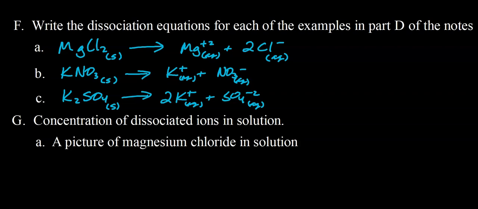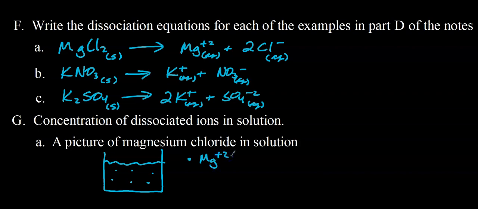All right, letter G, let's do this. Let's go ahead and draw a picture of that magnesium chloride solution. So we've got some container, some liquid in it. 1, 2, 3, 4, 5, 6. So that's our, say, magnesium ions.